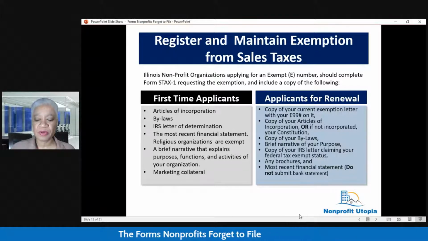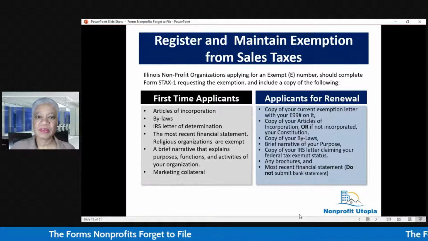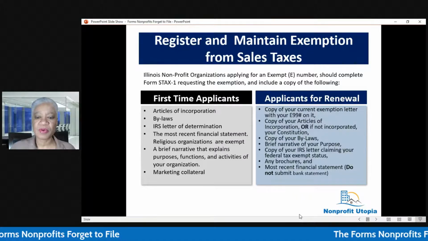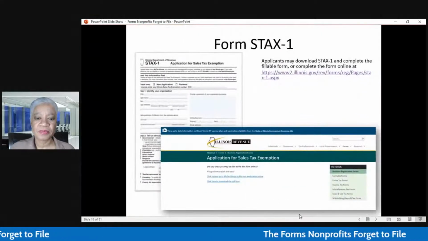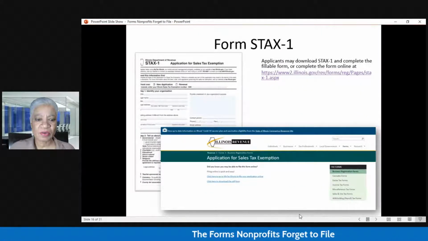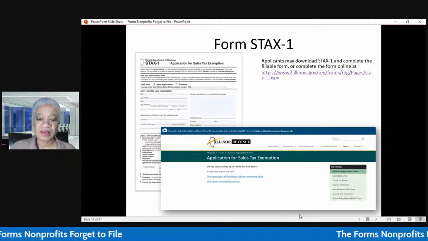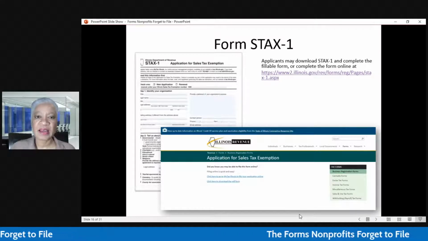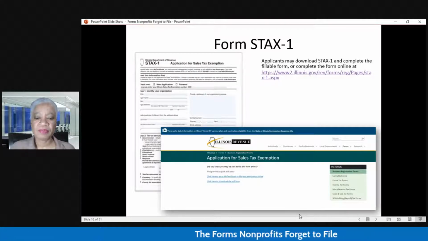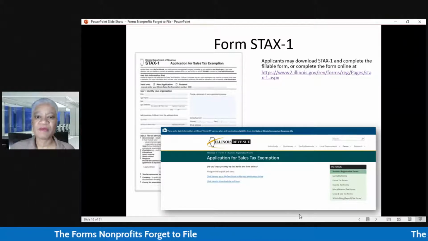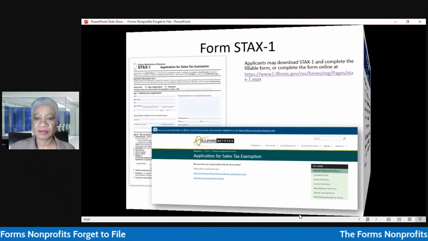So it's going to be a copy of your current exempt letter, exempt from sales tax with your E99 number. And this is basically what those forms look like. This is what the STAX 1 looks like. And this is what the page looks like on the Illinois Department of Revenue's website. So you can file this electronically.